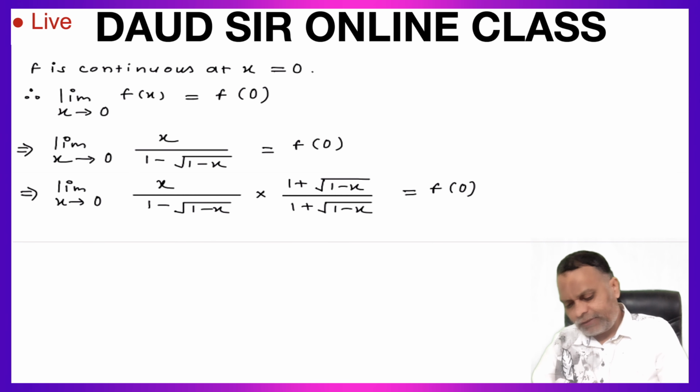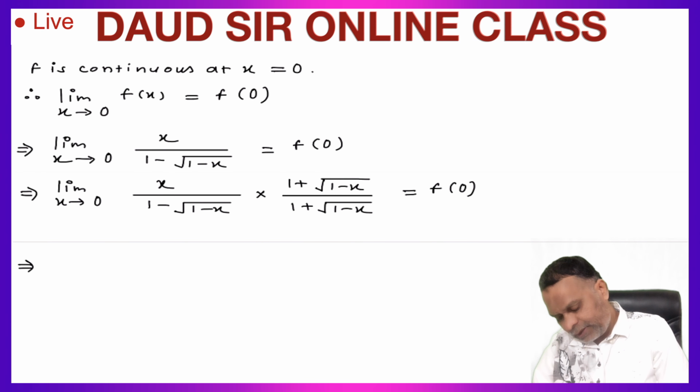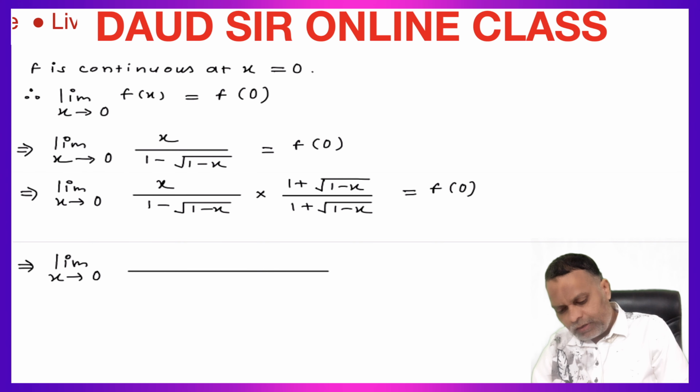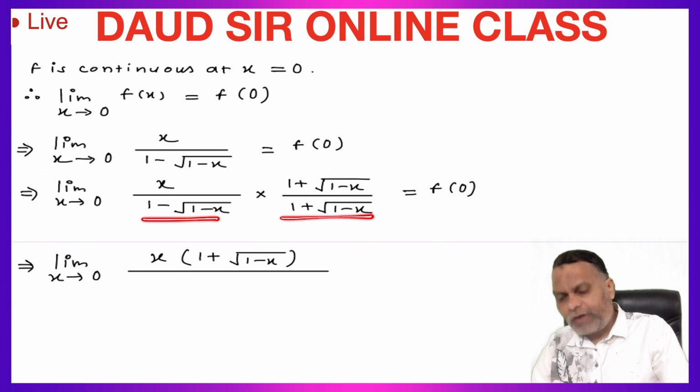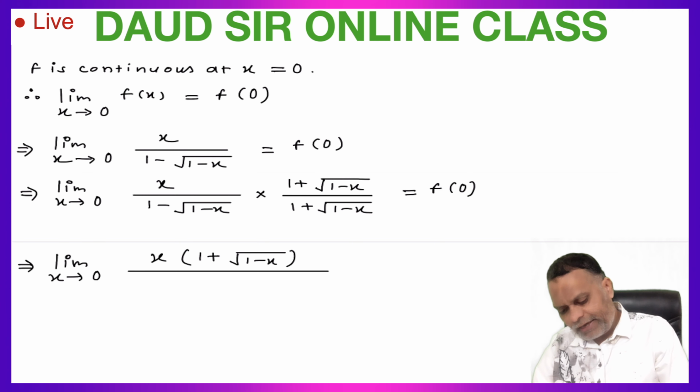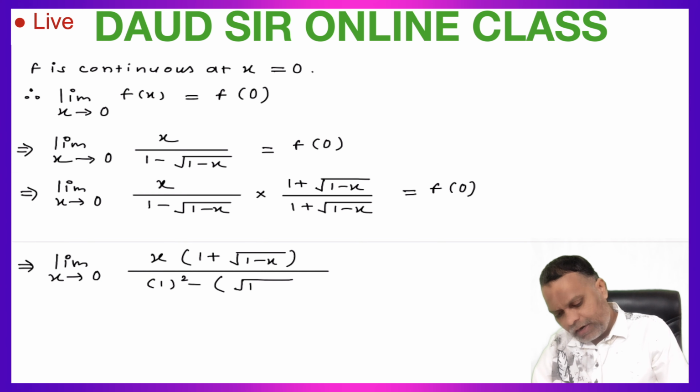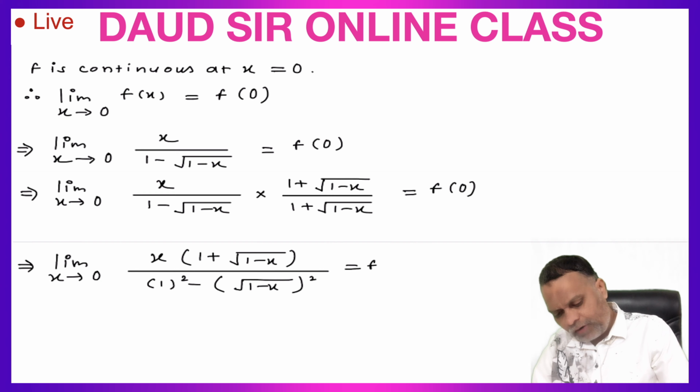Now simplify this, which implies limit x tends to 0, x into numerator 1 plus under root 1 minus x as it is, and in the denominator a minus b into a plus b identity we can apply, a square minus b square, under root 1 minus x whole square, is equal to f of 0.